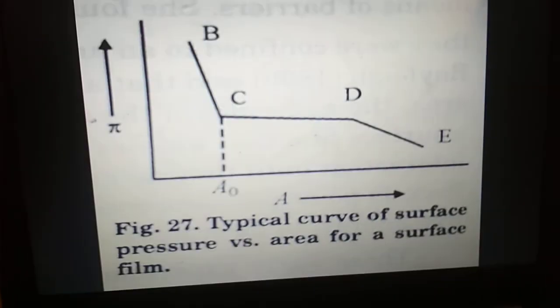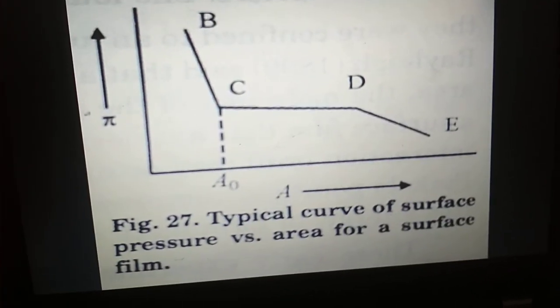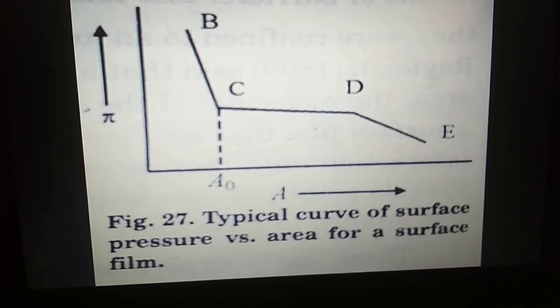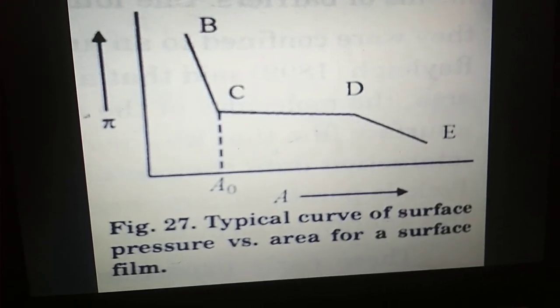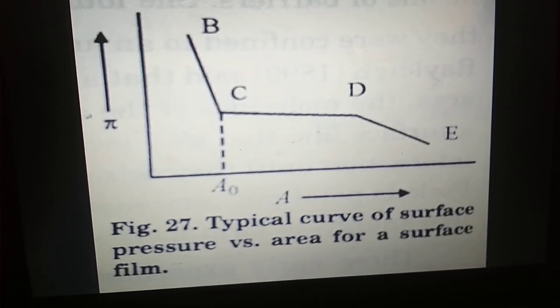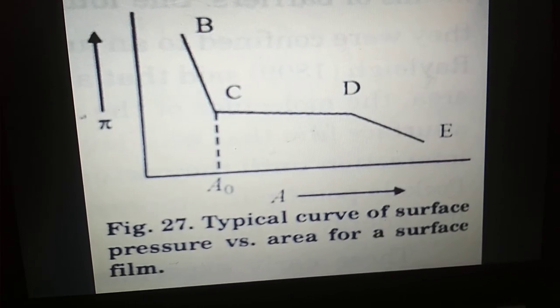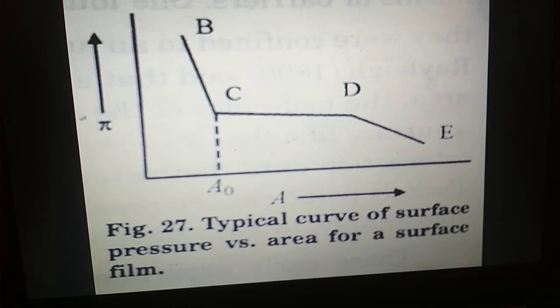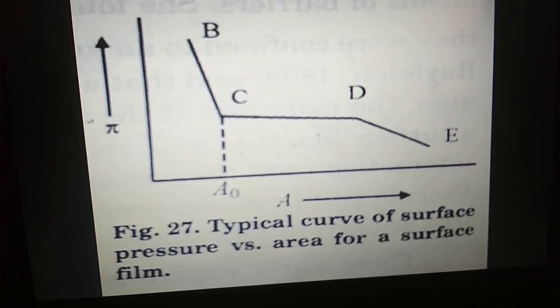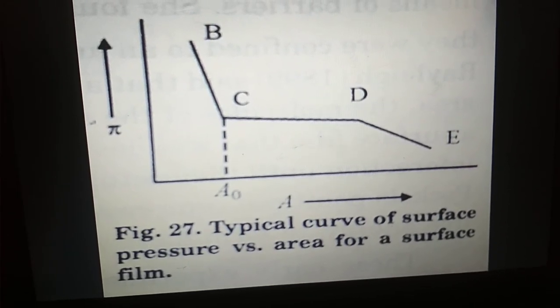Suppose the adjustable barrier is moved to the right. This decreases the area A available to the monolayer and increases the adsorption. The increased adsorption of these surface active molecules further lowers the surface tension and increases the surface pressure.